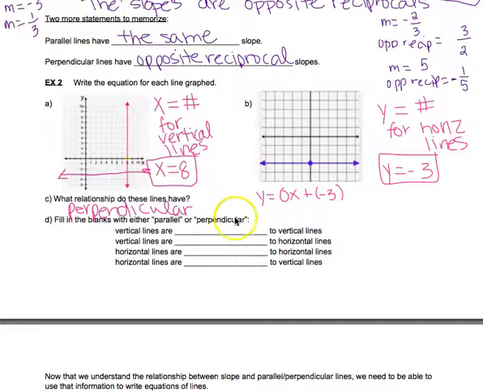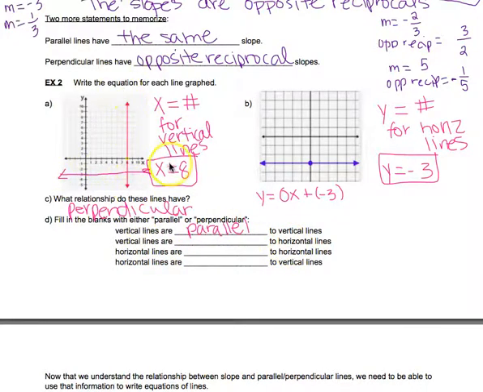which leads us to these statements that are really important. Vertical lines are blank to vertical lines. So think about it. Should that be parallel or perpendicular? So if I have this vertical line and I draw another vertical line, hopefully you can see that those ones would be parallel. Vertical lines are blank to horizontal lines.